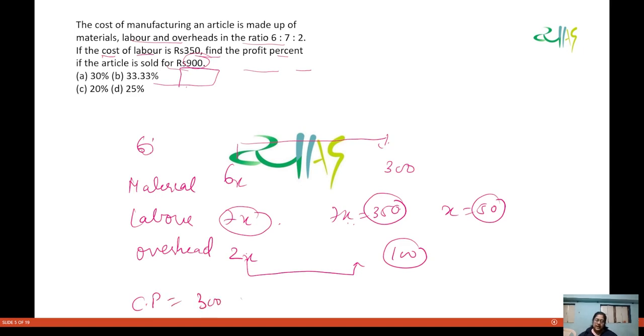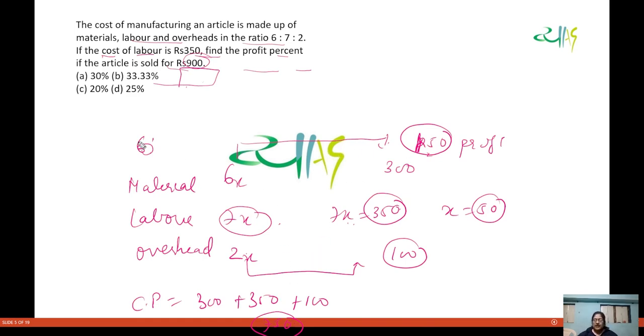That is 300 plus 350 plus 100, so 750 is the cost price. If the article is sold for rupees 900, we are earning 150 rupees profit. And what is 150 of 750? 20%.